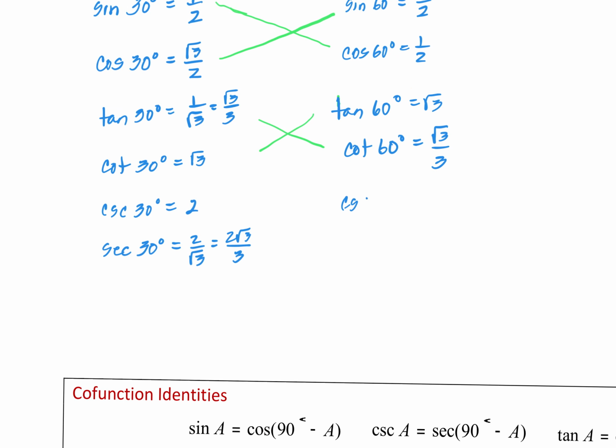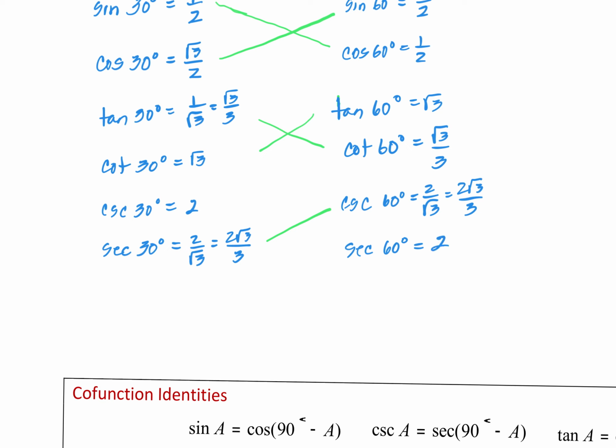Cosecant of 60 degrees, we would be flipping sine of 60 and rationalizing. And it's the same as secant. Secant of 60, we would be flipping cosine.